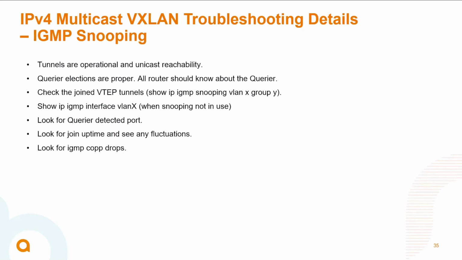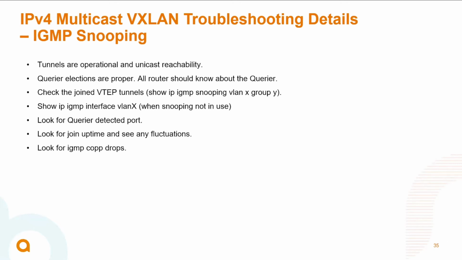If that connectivity is broken, you will see neighborship lost or join drops. Also ensure that the tunnels are operational and querier elections are proper. All routers should know that the querier IP is the same and who the querier is. Then check the joined VTEP tunnels, meaning which tunnel interfaces are joined for a particular group.